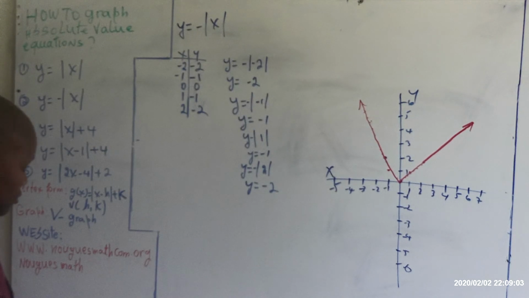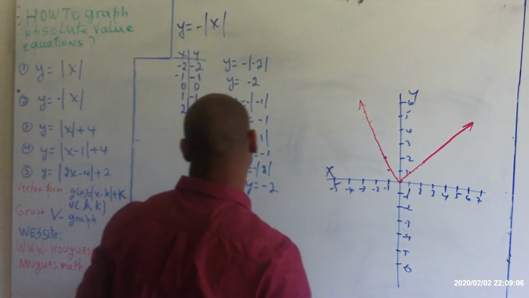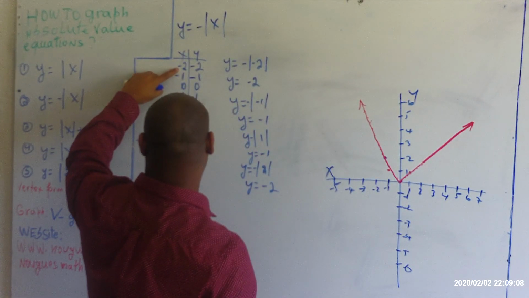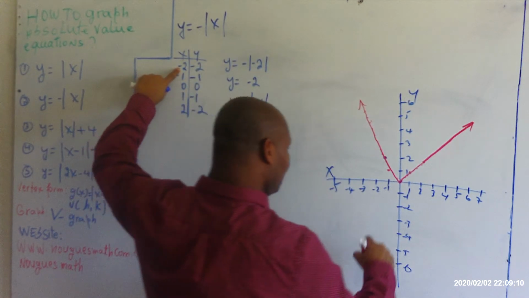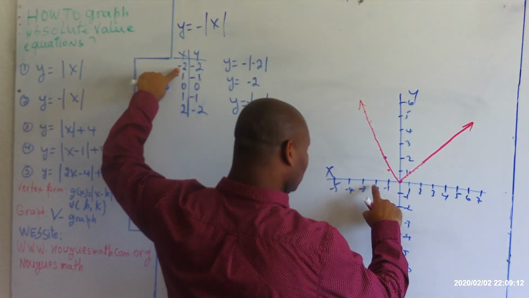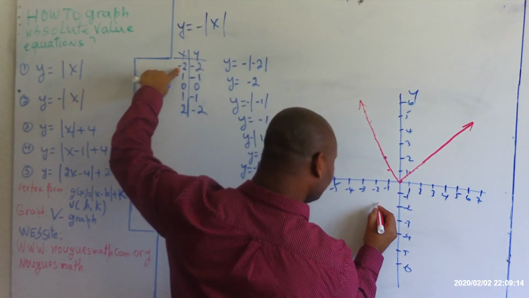So let's graph it. We're going to graph in the same coordinate plane to show you what's going to happen. Negative 2, negative 2, right here.